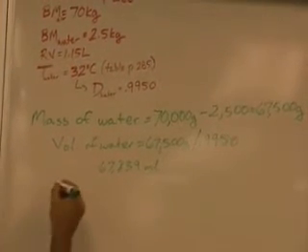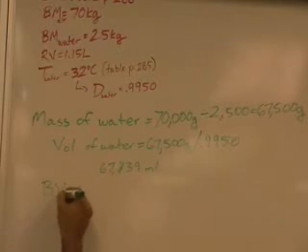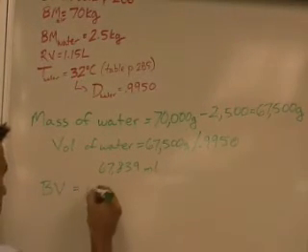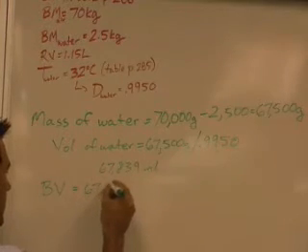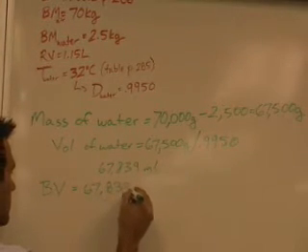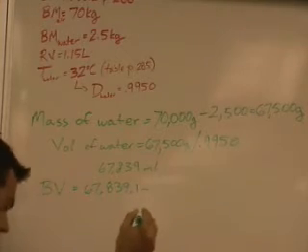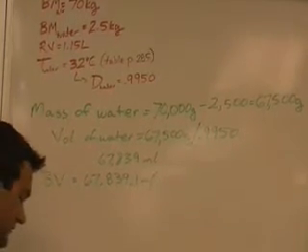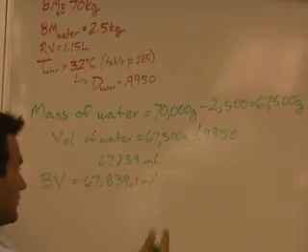Now we can get body volume by taking the volume of water minus RV. Remember, you want to change volume to milliliters.